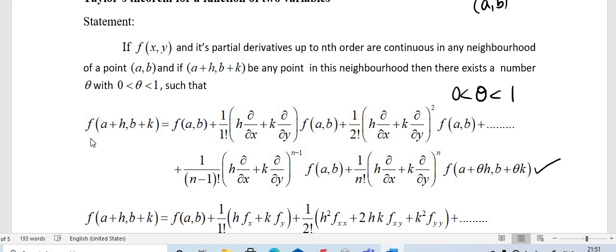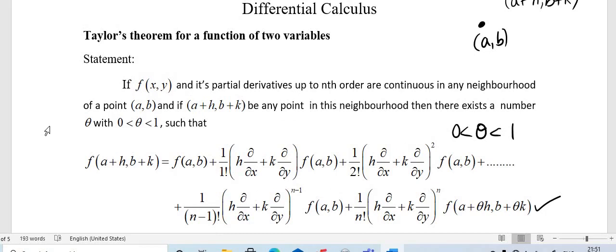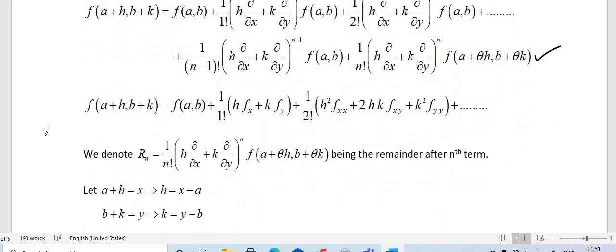This is the expansion of Taylor's series of a function of two variables.